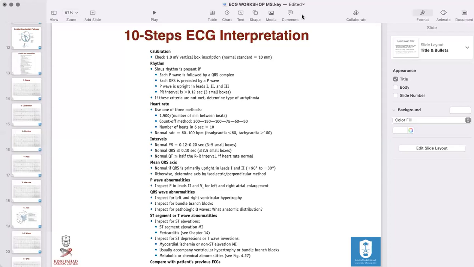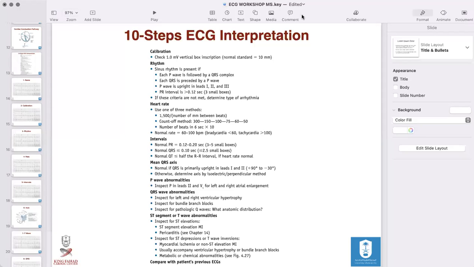Well, you compare them. You bring them together, and you're gonna go over these 10 steps, right? You're gonna look at the rhythm, the rate, the intervals, the axis, the P wave, and each one. If you see any differences, changes, then you're gonna know there's a new change that happened.